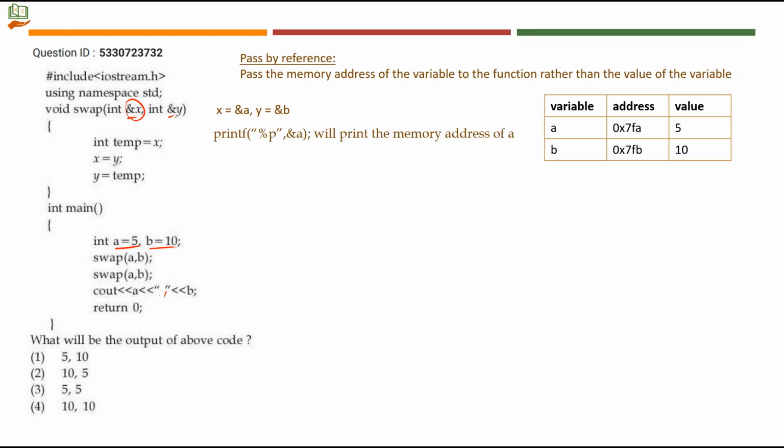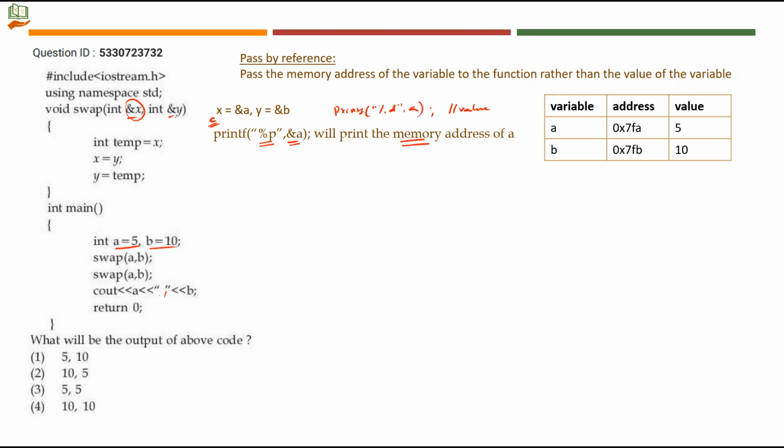When you want to check how this address is printed, use %p instead of %d in C. In C language, if you use printf %p &a, this will print the memory address of a. How will you print the value of a? We usually use printf %d a. This is how we print the value of a. This is for the value and this is for the memory address.